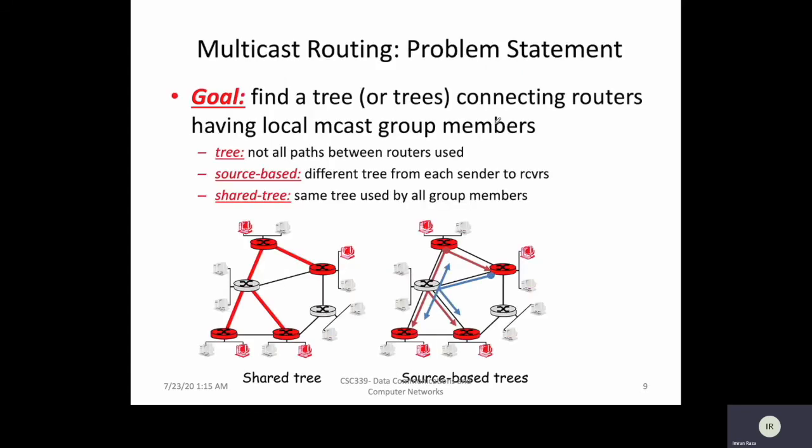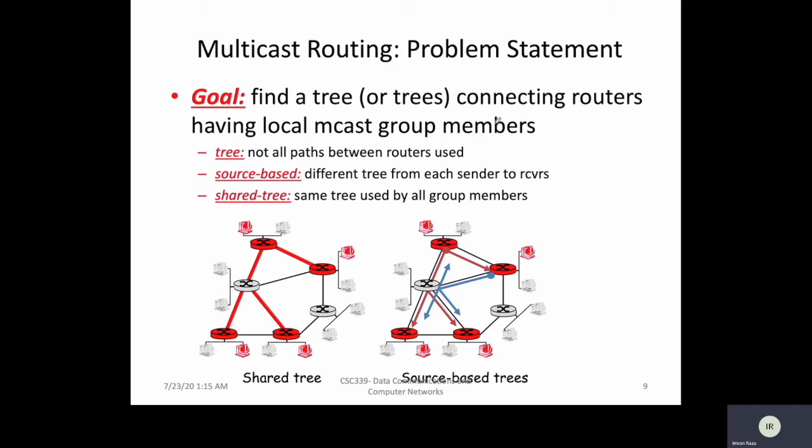So let's talk about the multicast routing now. As we have discussed earlier, multicasting is a subset of broadcasting. So we have understood the problem of sending n number of copies of a broadcast packet depending upon the number of nodes in the network and the possible techniques to achieve it. We have controlled flooding, we have uncontrolled flooding, and the more appropriate approach to achieve broadcasting was reverse path forwarding.